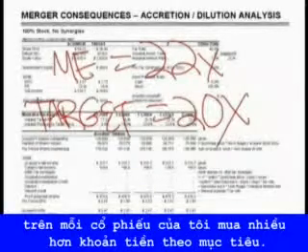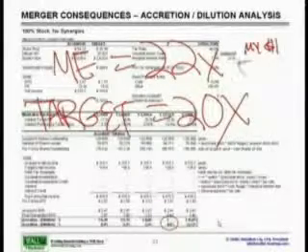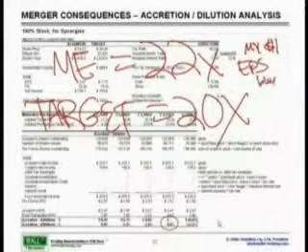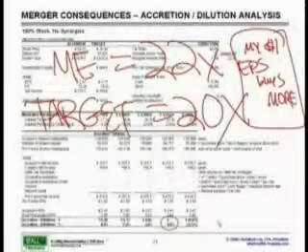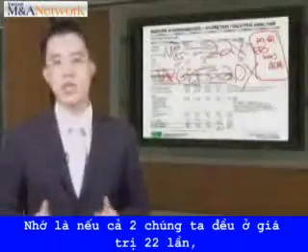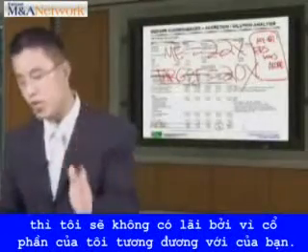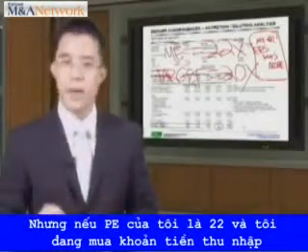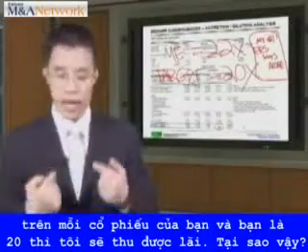Your observation is that my dollar of earnings per share buys more than the target's dollar. Remember, if we're both at 22 times, I don't gain, because my share is equivalent to your share, 1 for 1. But if my P is 22 and I'm buying your dollar of share of earnings, and you're at 20, I'm going to gain. Why is that?